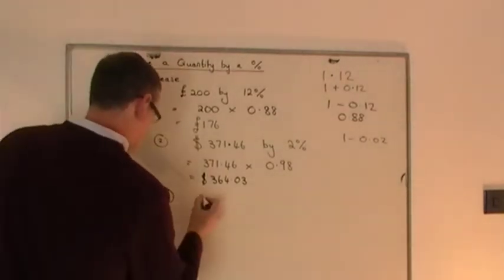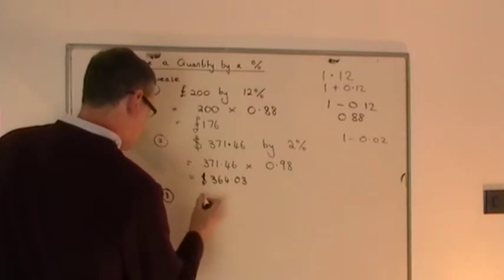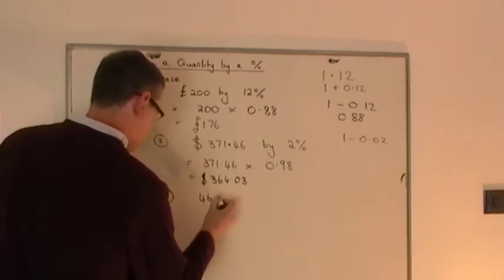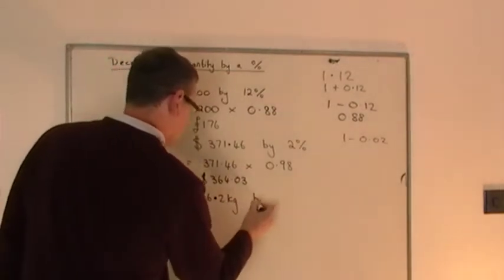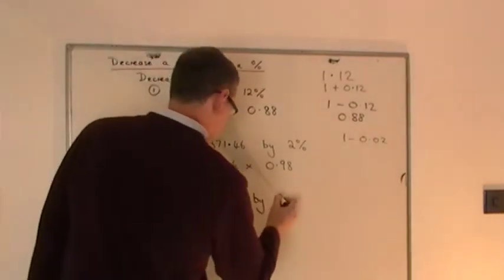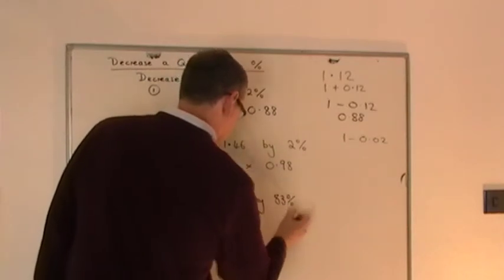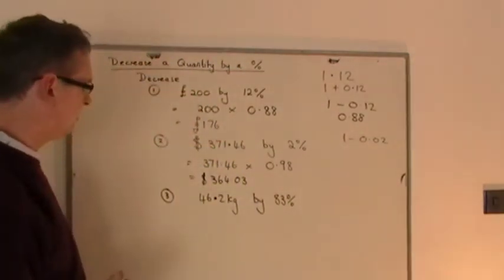Okay, how about you could have something that is nothing to do with money. You might have, let's say, 46.2 kilograms, and you're going to decrease it by 83%.